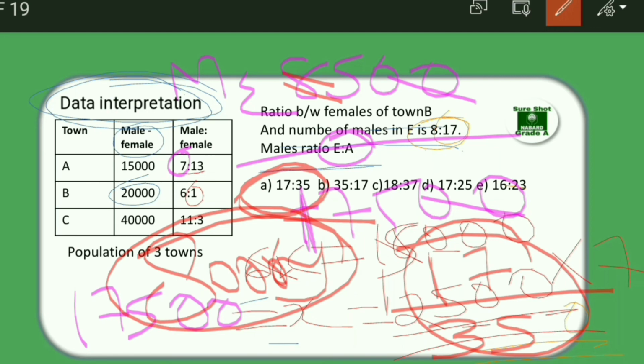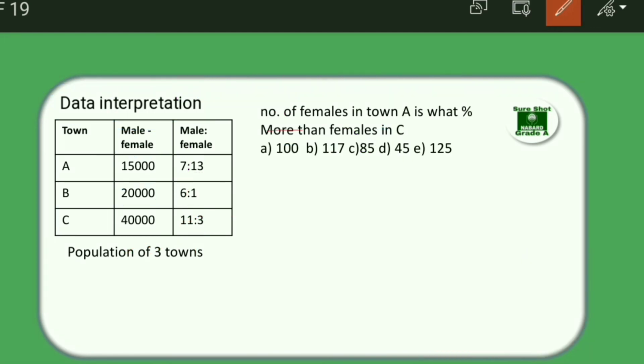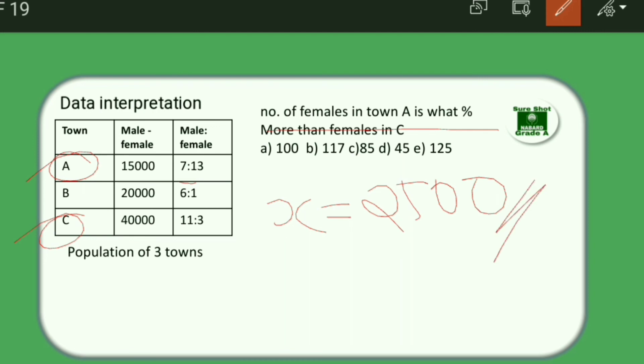And the next one is: number of females in town A is what percent more than females in C. So we need to find out the number of females in both A and C. Do you remember what's the value of x? We found it in the previous video. It was 2,500. Do you remember how we found that? Here is the difference of male and female, here is the ratio. So the difference here is 6x, right? So 6x is 15,000.